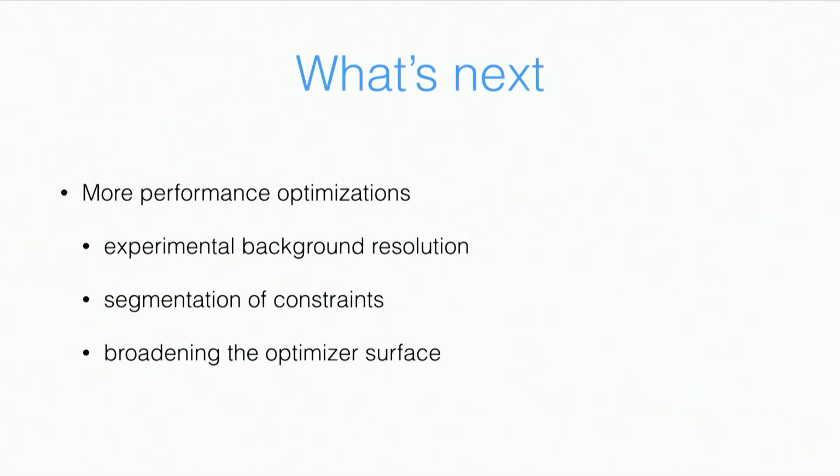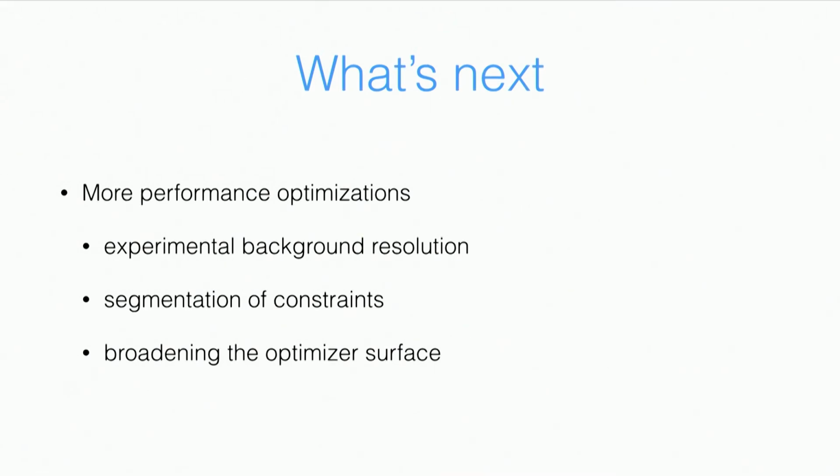Well, basically, we are still working on performance optimizations. Right now, I think 1.0 is in pretty good shape. 1.1 is actually a little slower right now, but we are setting up the pieces to actually be faster. One of the things we experimented with, for instance, was doing the resolution of all those constraints in background threads.